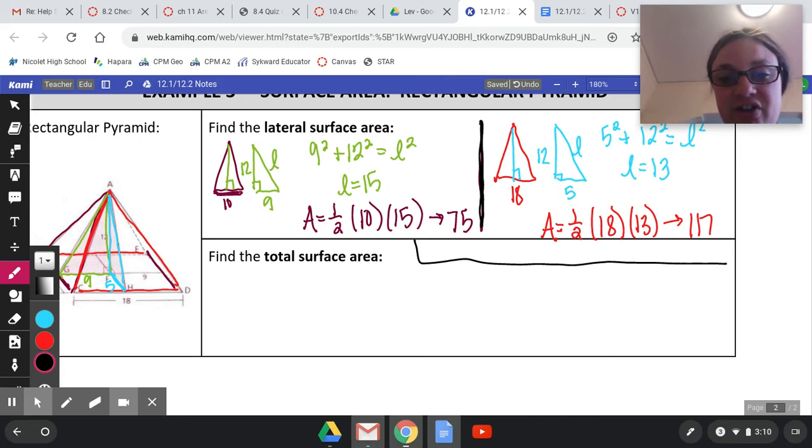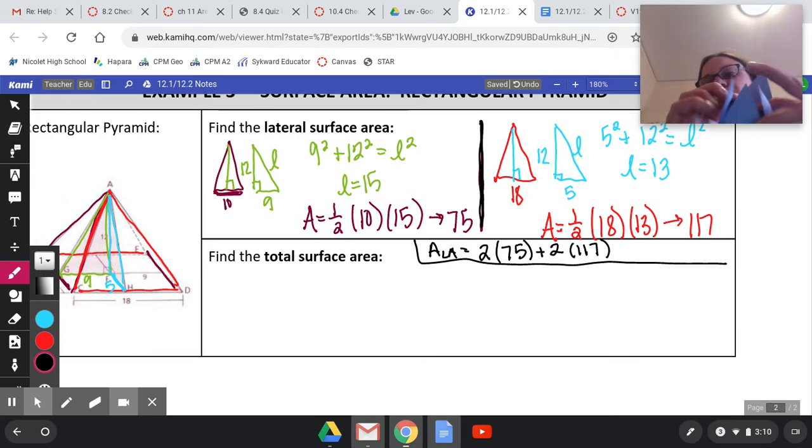So my lateral area, LA, is going to be equal to 2 of those triangles that I have in the maroon, so 2 times 75, plus 2 times the 117, which is the triangles that I have outlined in red. If you picture the net of your rectangular prism, it looks like this.